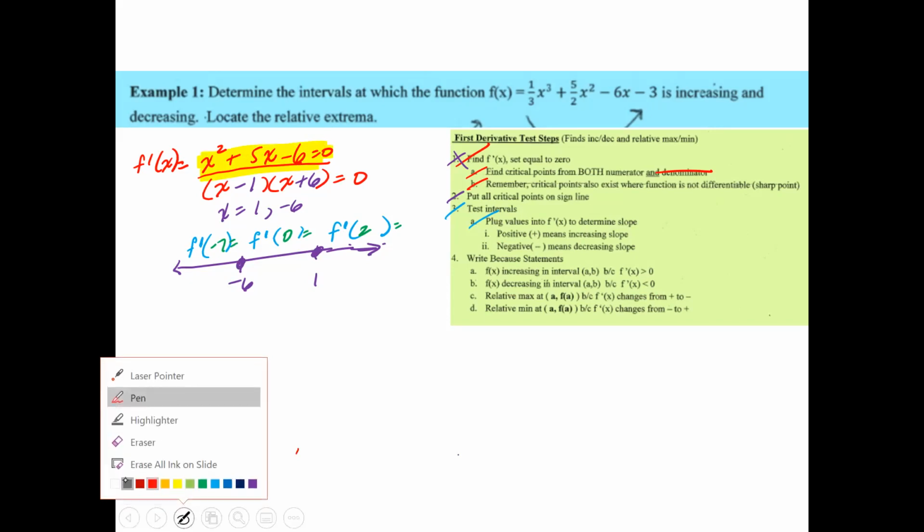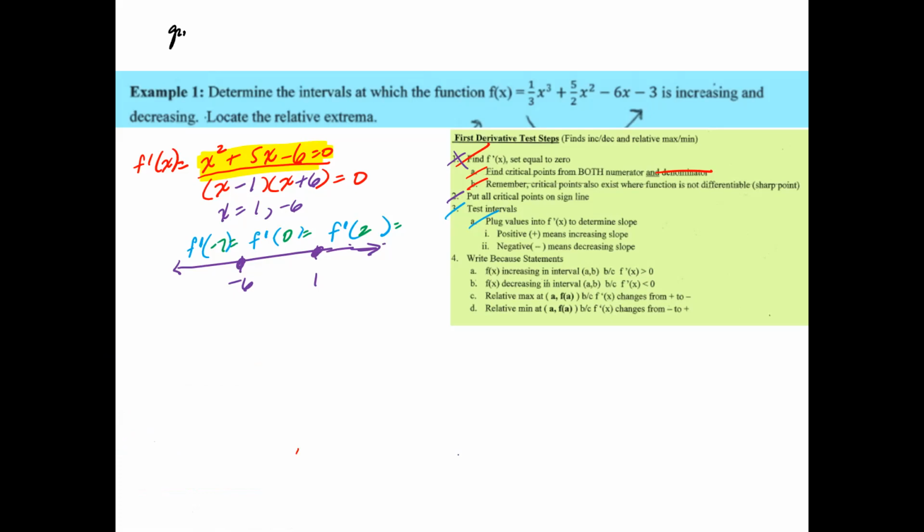I always said that you should use your calculator: do the graph, do y equals x squared plus 5x minus 6, hit graph, second, calc, x value, and then make sure you type in -7, 0, 2, and push enter to determine what your slope is going to be.